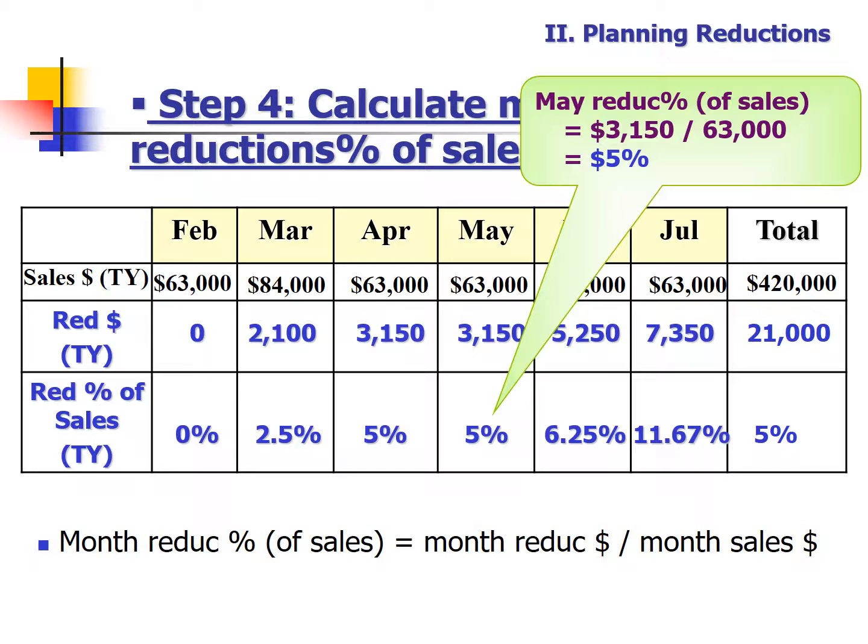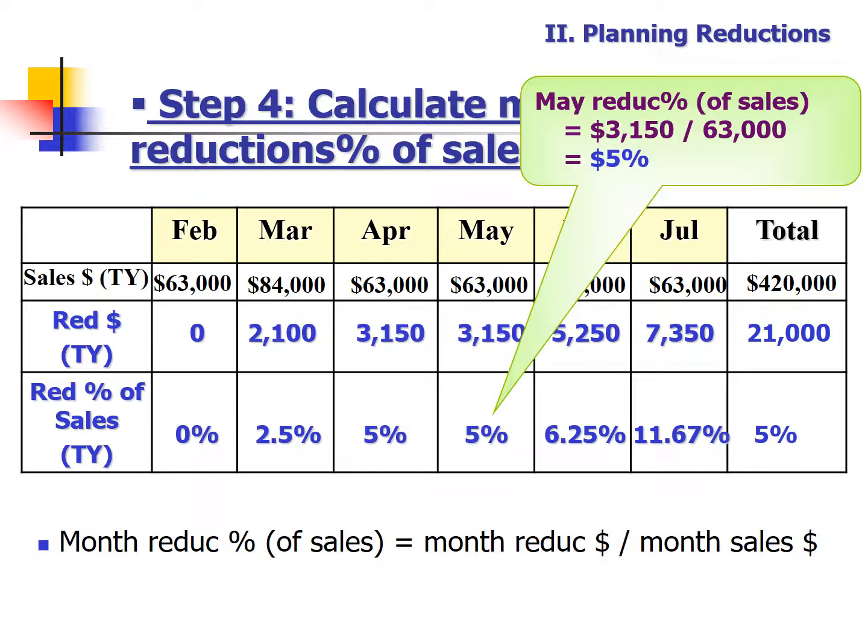So in this manner, we can calculate reductions percent of sales for all 6 months. And take a look at the total column, the reductions percent of sales is given as 5%. If you do the calculation, which is $21,000 over $420,000, that will be 5%, right? But also remember that in the previous stage, step 1 of planning reductions, we said we plan to have 5% of sales to be reductions, right?